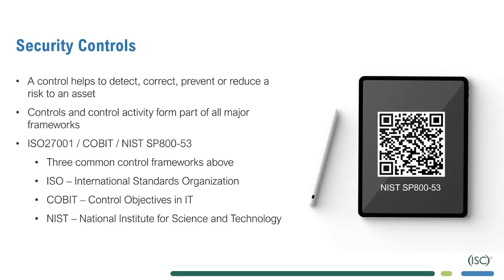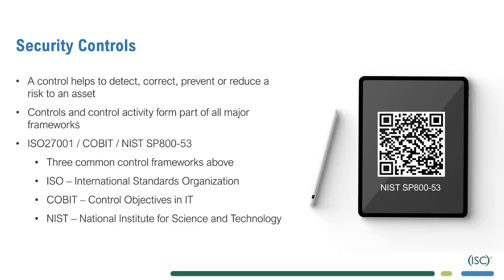We need to protect and control our IT environment. And the control objectives in IT were an extension of that kind of financial audit. And again, it contains a list of controls that we have to consider, that we should consider as an organization.